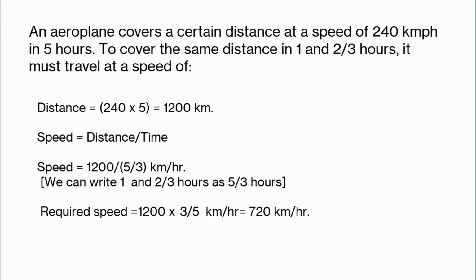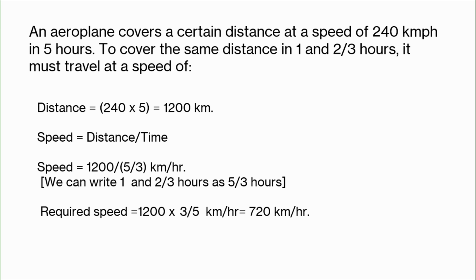An aeroplane covers a certain distance at a speed of 240 km per hour in 5 hours. To cover the same distance in 1 and 2 by 3 hours, it must travel at what speed? The condition is given.